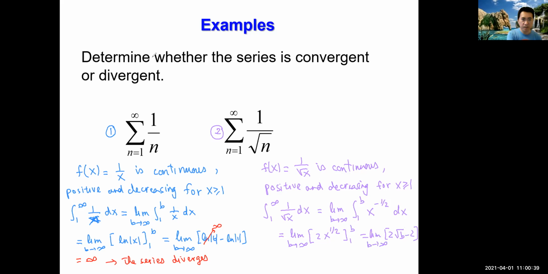Now, in this case, what happens when b goes to infinity? Oh, that goes to infinity as well, right? Square root of b gets larger and larger, and therefore I get infinity again. And that means the original series diverges again. All right, so they both diverge in this case.